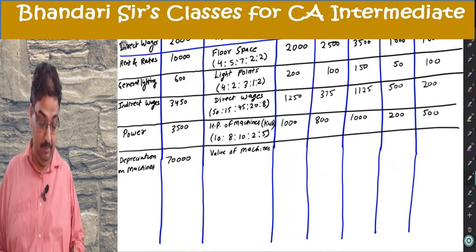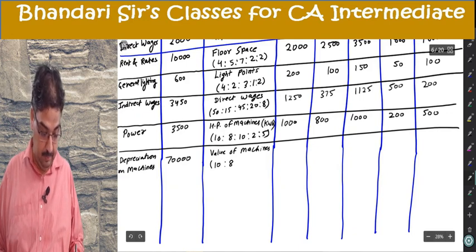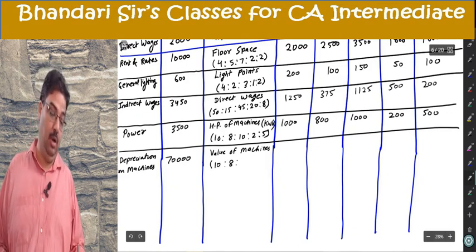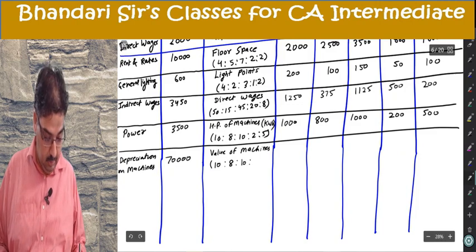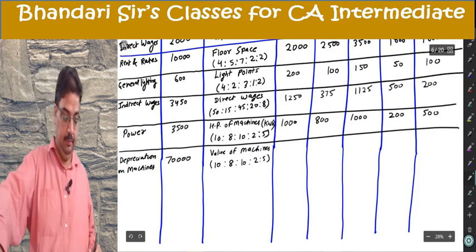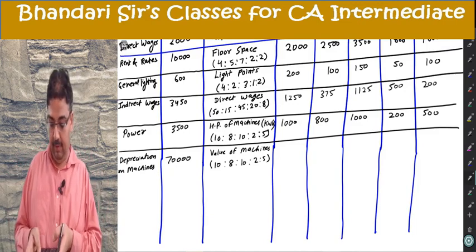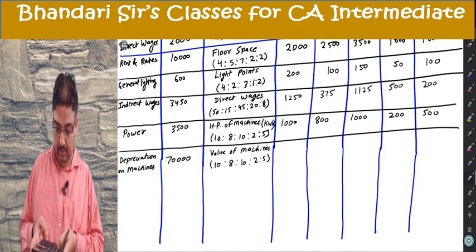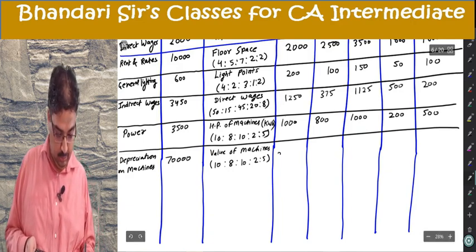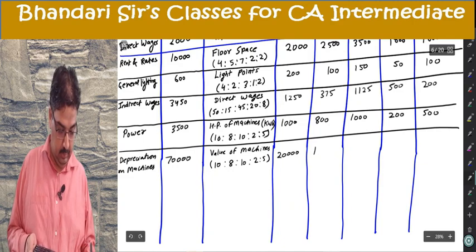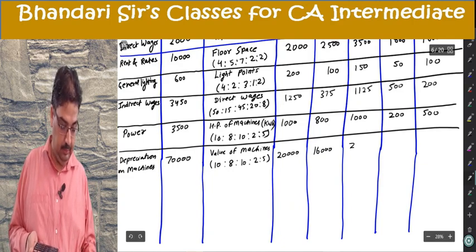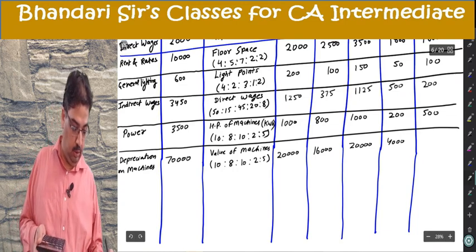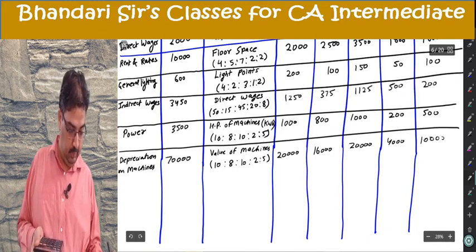Although the ratio is the same, if you compare it, the ratio is same. But if you write HP here, you will not get marks properly. 10 ratio 2 ratio 5. So this is again divided by 35. 70,000 divided by 35, 2,000 into this: 20,000, 16,000, 20,000, 4,000, 10,000.